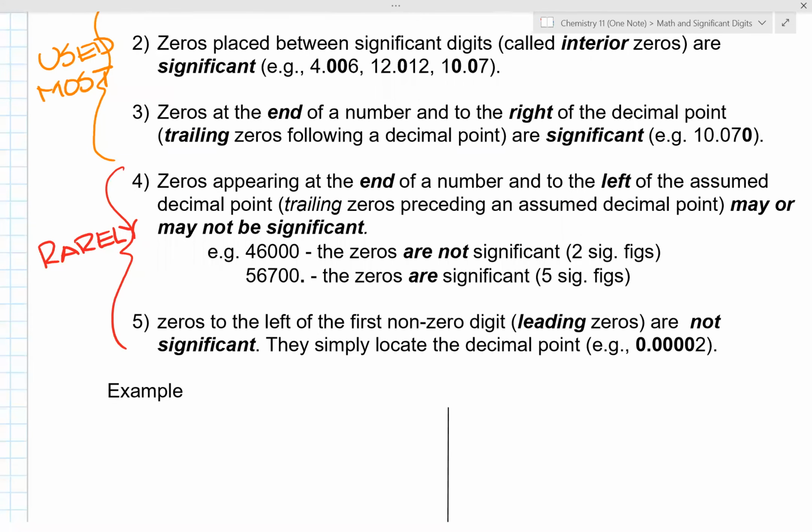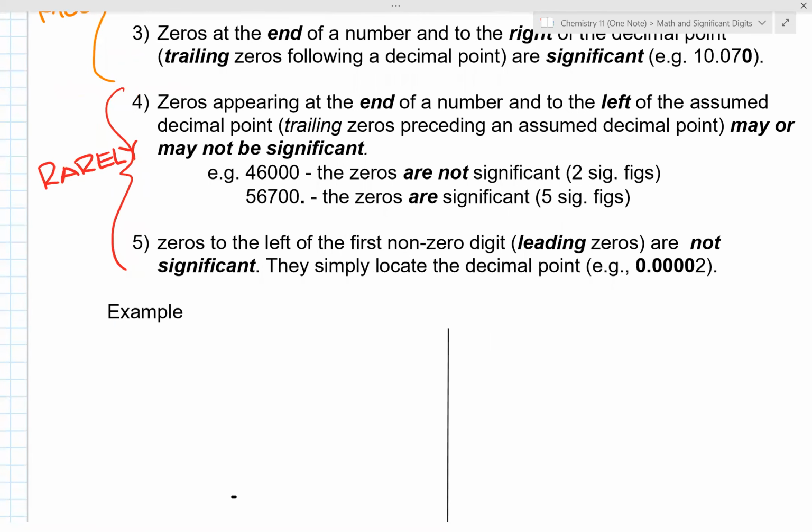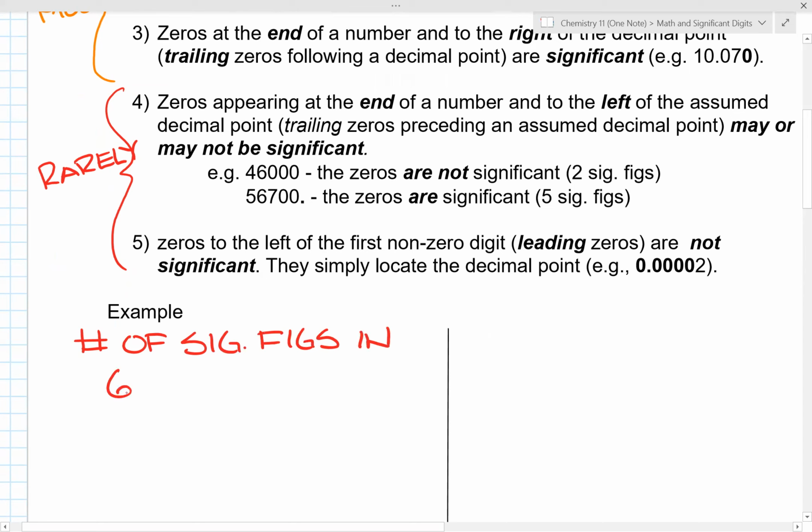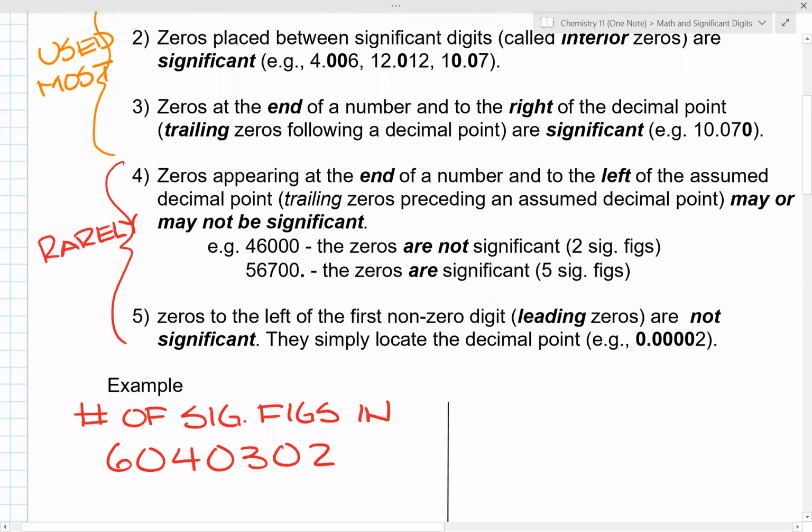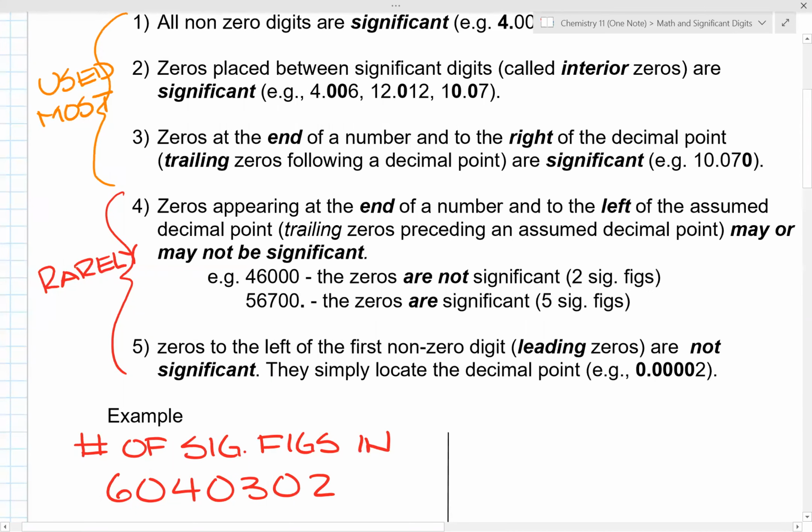Let's say I were to ask you, what is the number of sig figs in the number 6040302? Basically it's asking how many digits are important in this measurement.